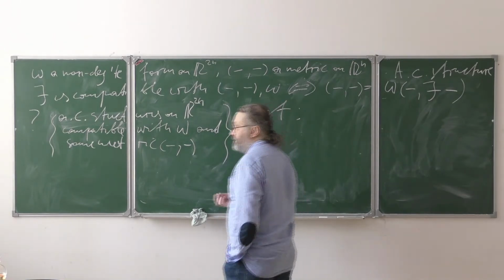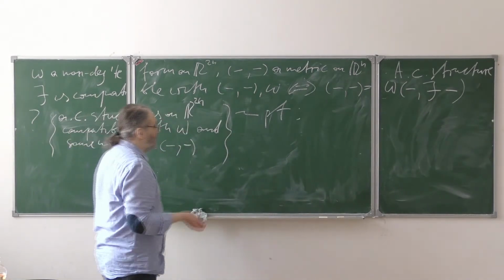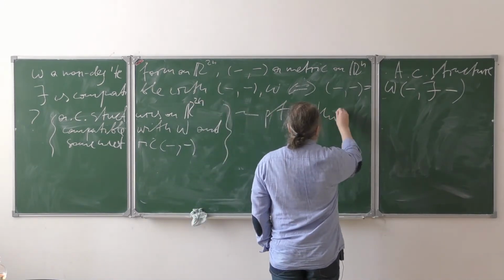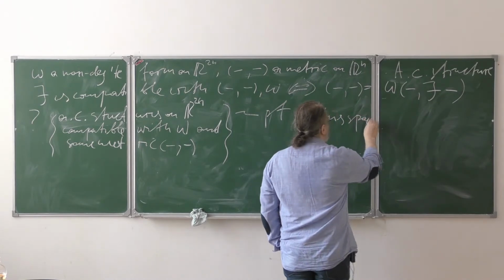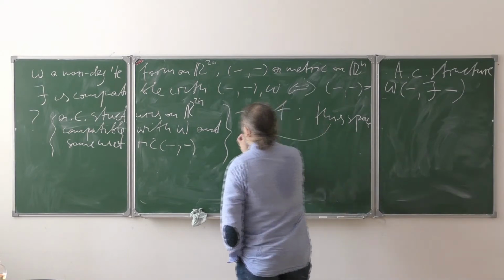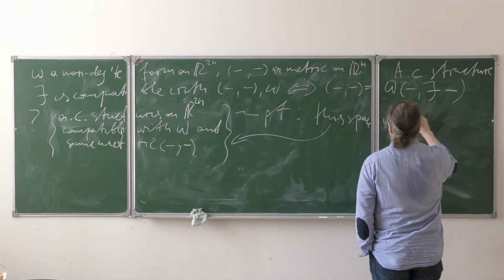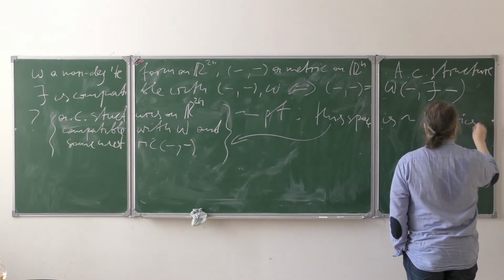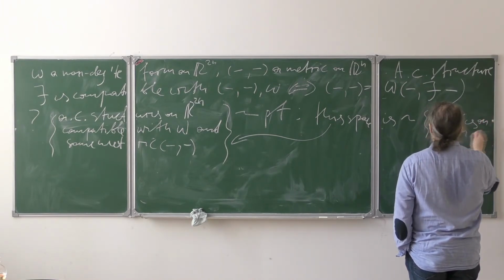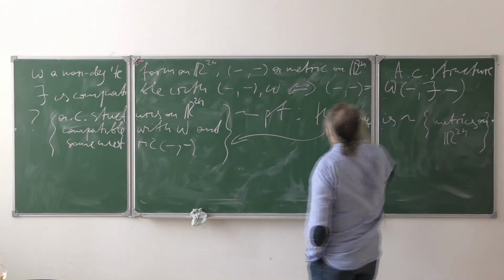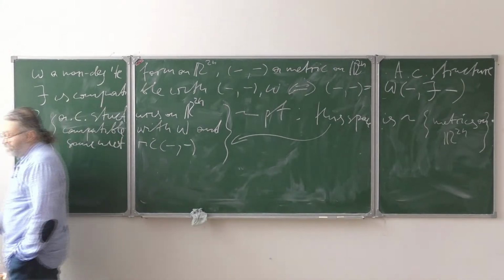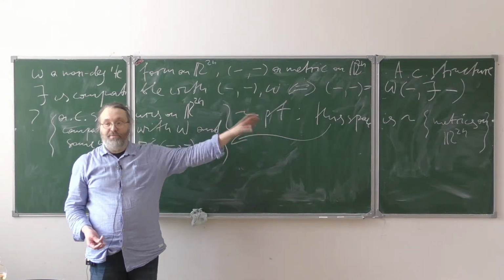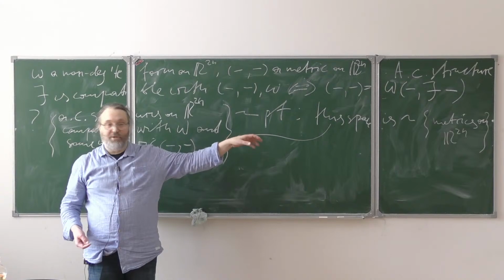Now, my claim is the space of almost complex structures with this property is homotopy equivalent to the space of metrics on R^2n. Okay. Now the easy part. The space of all metrics is contractible.